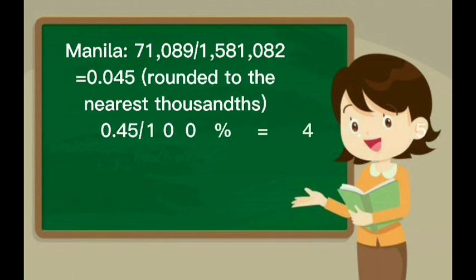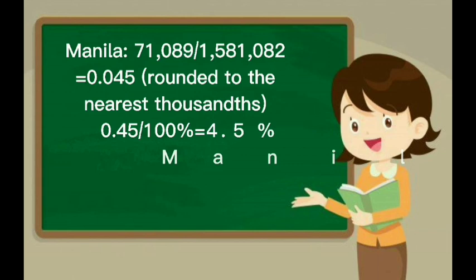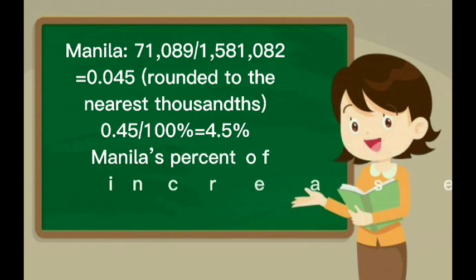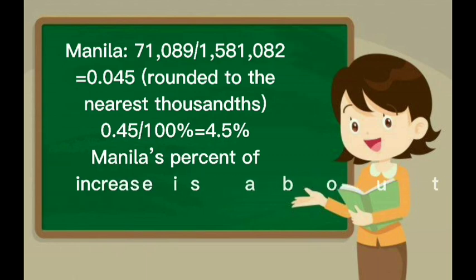And to convert it into a percentage, we multiply it by 100%. 0.045 times 100% is equal to 4.5%. Therefore, Manila's percent of increase is about 4.5%.